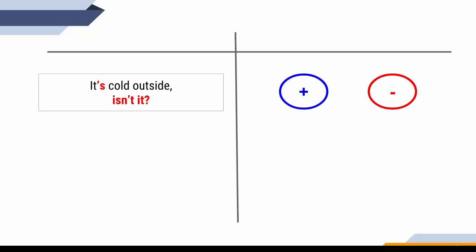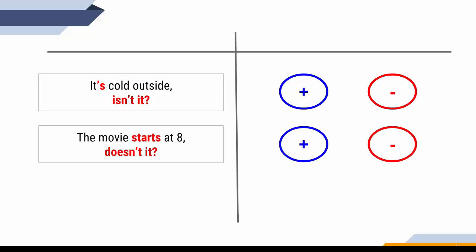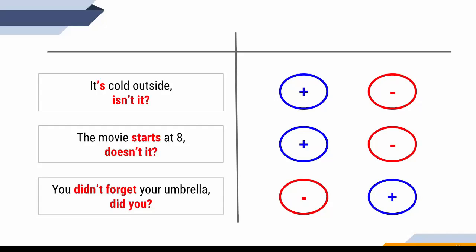The three sentences again. It's cold outside, isn't it? The first part, up to the comma, is positive, with the verb to be, present simple. The second part, negative, present simple. Second example. The movie starts, present simple positive, doesn't it? The tag, negative, present simple. Did you start catching the logic?